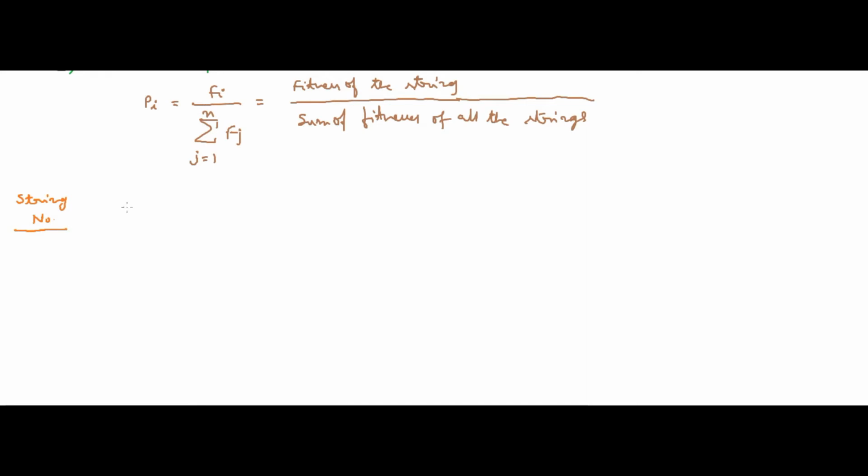After that, the initial population, later it will be capital X. Next it is fitness, Fj, where the function is equal to x square.